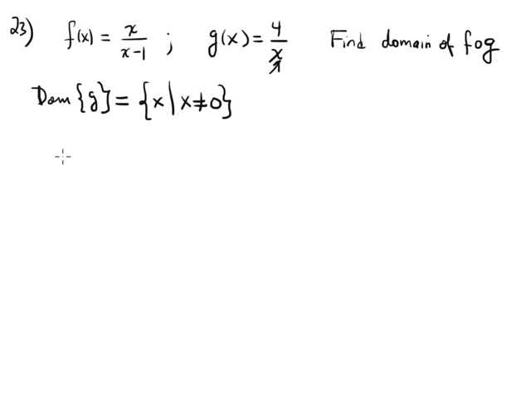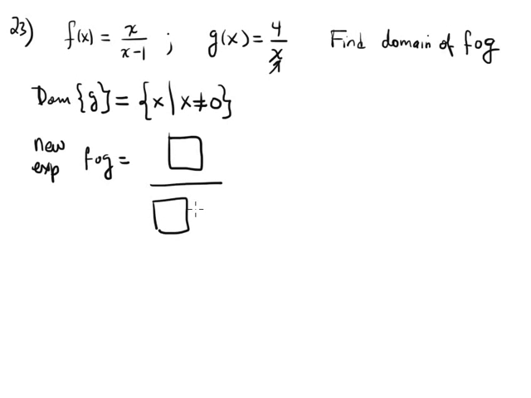And new expression is F composition G, G inside F, is box over box minus 1. Inside the box we have 4 over x. 4 over x is 4 over x over 4 over x minus 1.